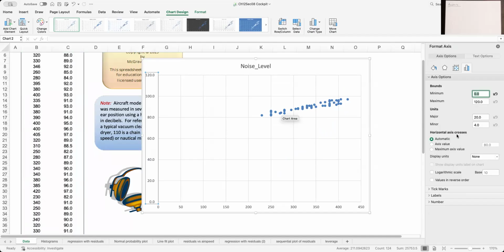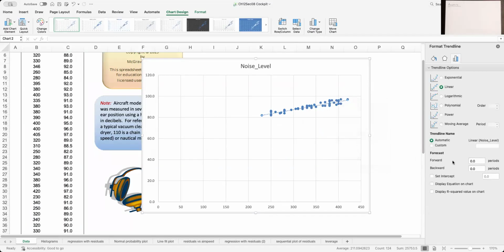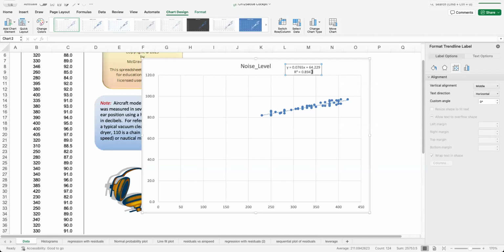I now see much more of a linear trend here. And when I put the trend line with its equation and R value, blow that up so I can read it.